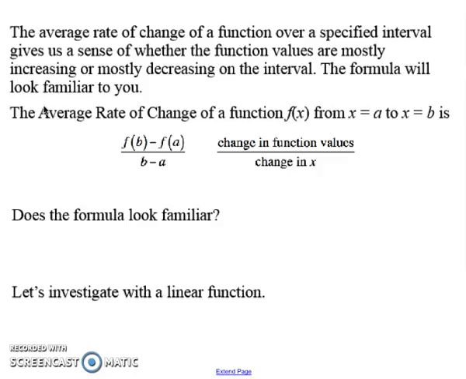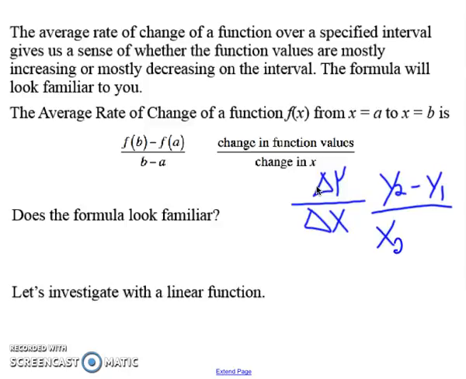All I really care about is the change in y's, so hopefully by now you remember that y is the output, over the change in x's. x is the input. Another way to write this, and this is the one I really want you to hold on to, is (y2 minus y1) over (x2 minus x1).